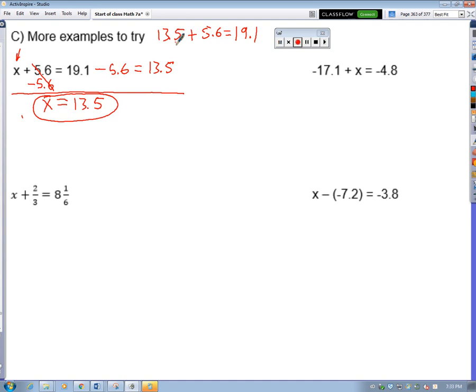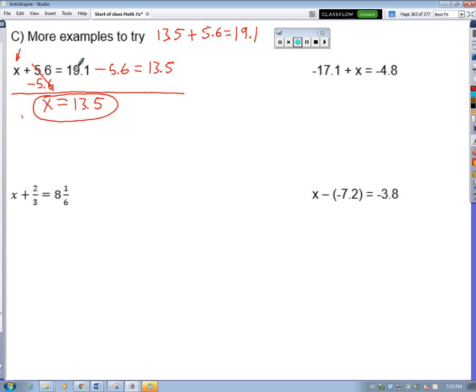Okay, that is our mystery number. We just put that number into the original problem and we get 19.1. It almost guarantees we never get the answer wrong because we can always put the number in and see if it equals what it said it did originally. Okay, it's like a test.